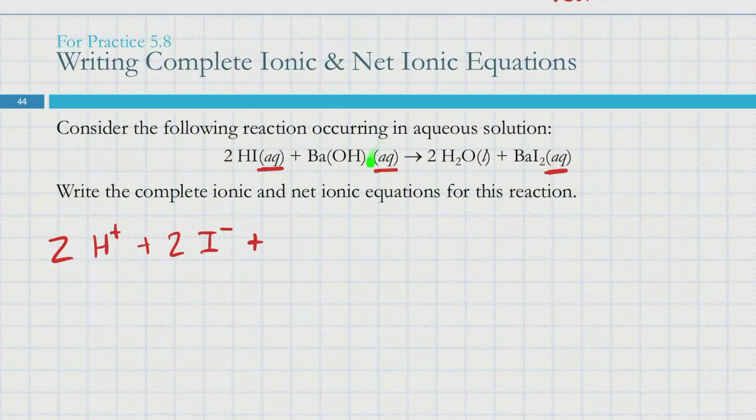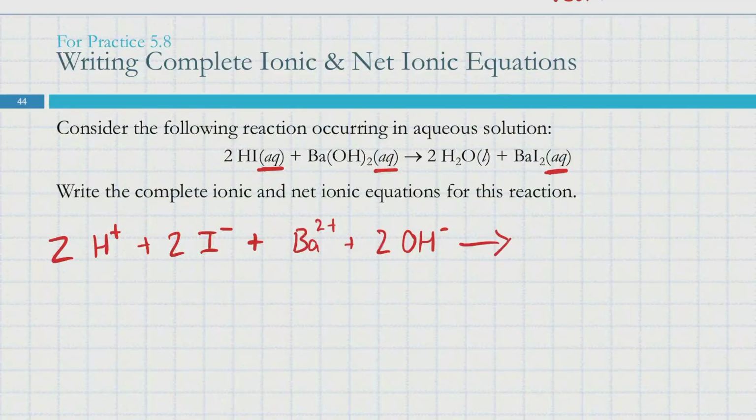Moving on to our next aqueous thing, we've got barium hydroxide. We've got one barium. Barium's going to have a 2 plus charge on it. And we've got a subscript of 2 following our hydroxide. So we're going to have 2 OH minuses. And that's everything on the left side or the reactant side.